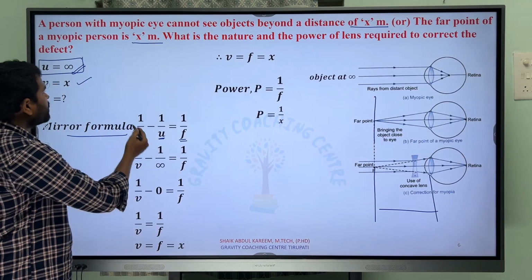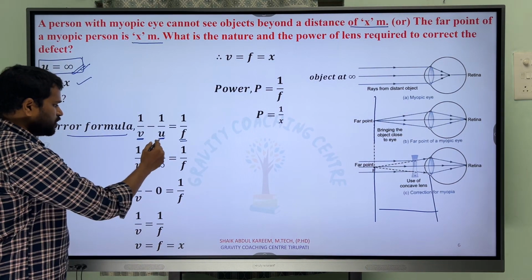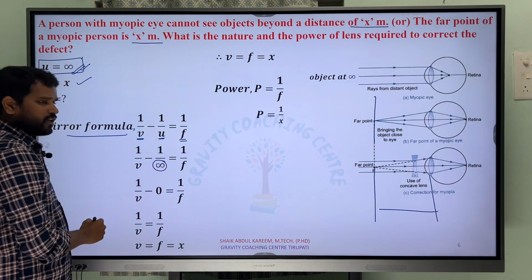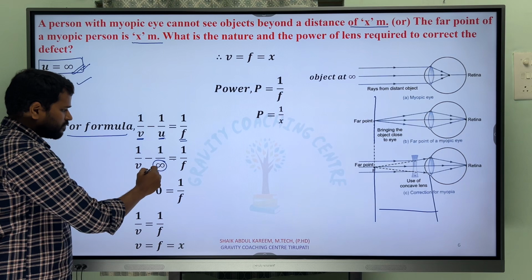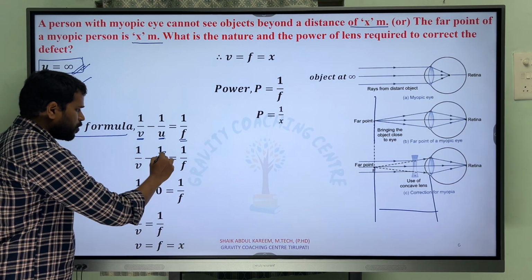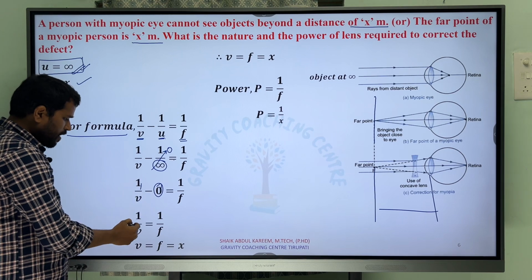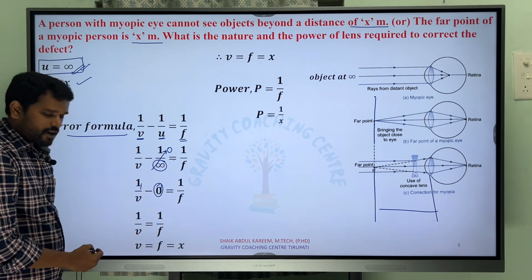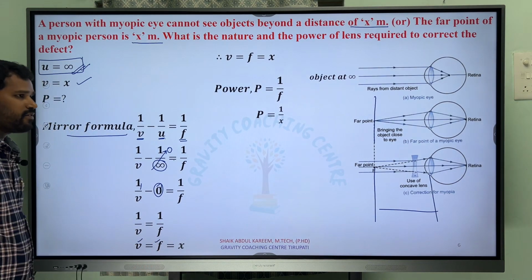For a myopic eye, we take the object to be at infinity. So U is infinity, and 1 by infinity is 0. So 1 by V is equal to 1 by F. If you reciprocate, V is equal to F.